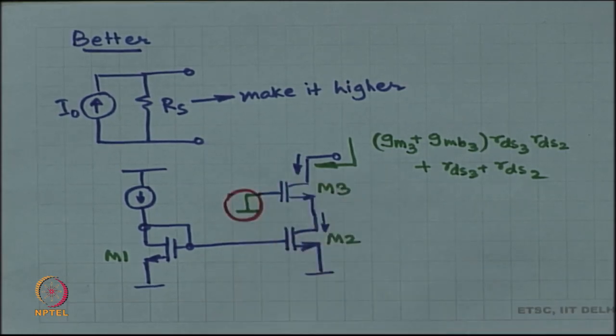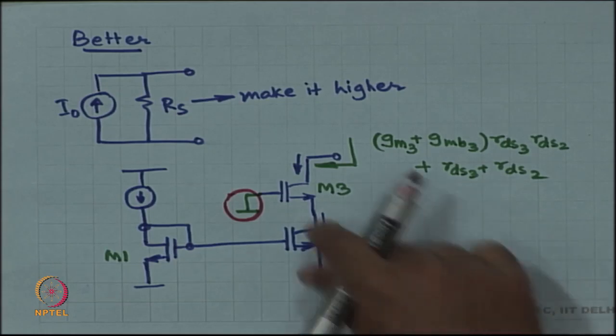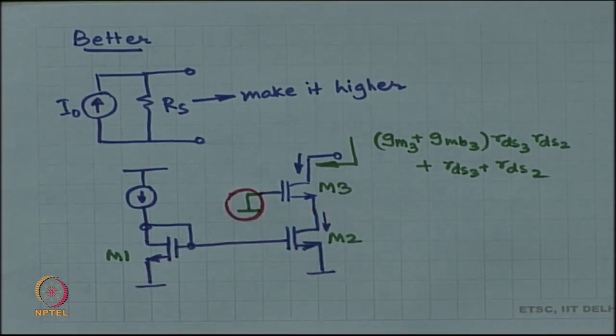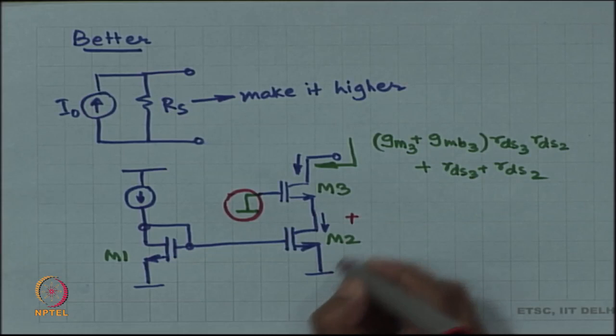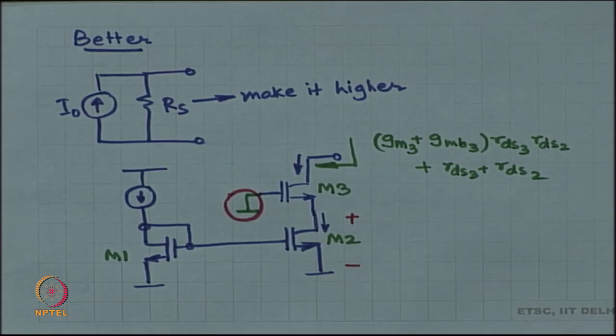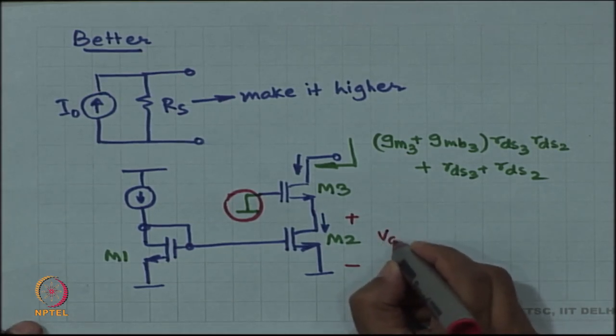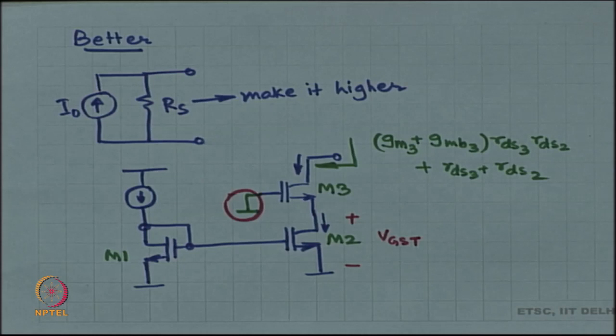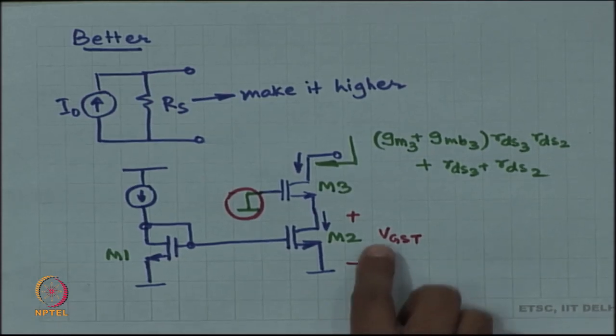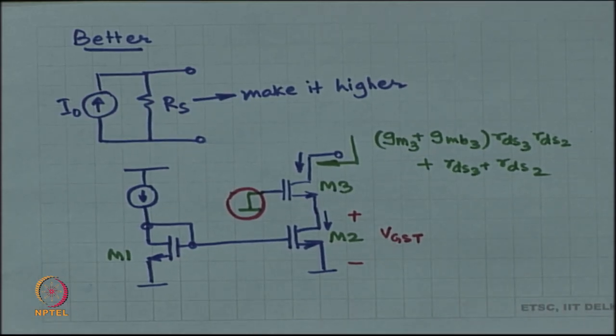Ideally, this should be some voltage which is reasonably high, such that M2 remains in saturation. M2 requires a minimum voltage. Okay, how much voltage does M2 require? It requires VGS minus VT. All right. So, VGS minus VT is called VGST.